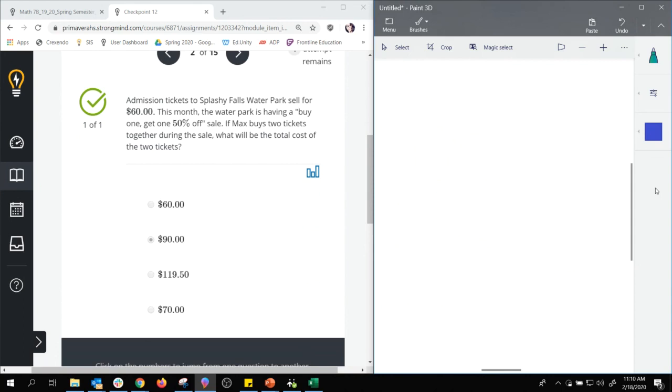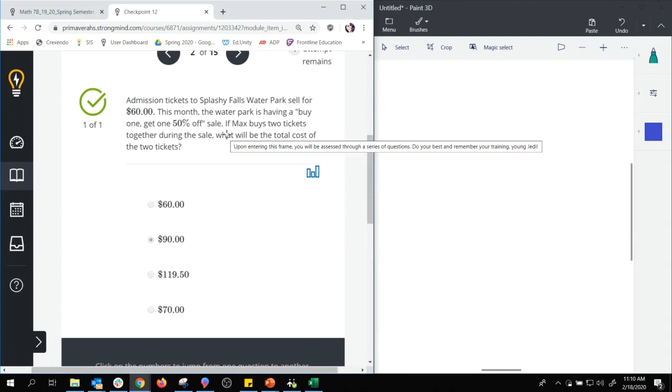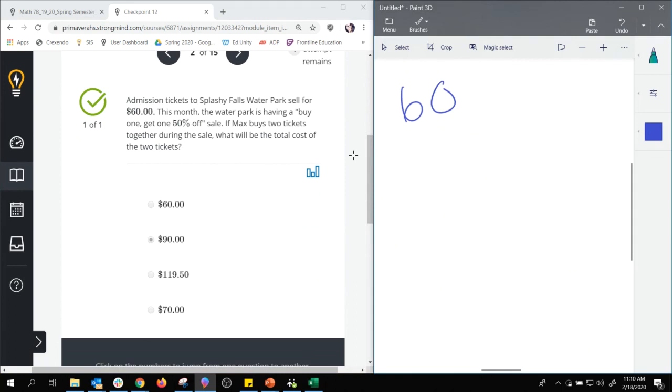So again, we have a problem where we have a whole number, which is the 60, and a percent, right? So anytime I have a percent and a whole number, what do I always want to do with them? What would I want to do with the 60? Why is this here? With the 60 and the 50%?